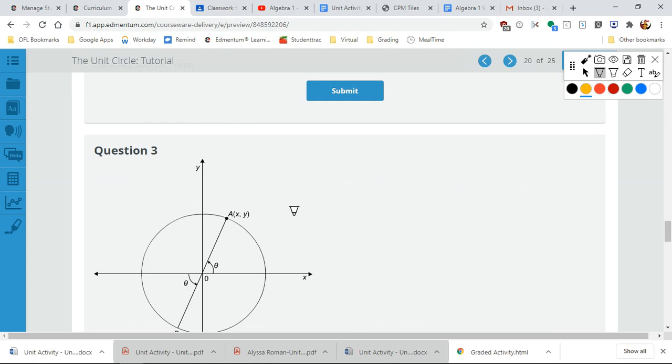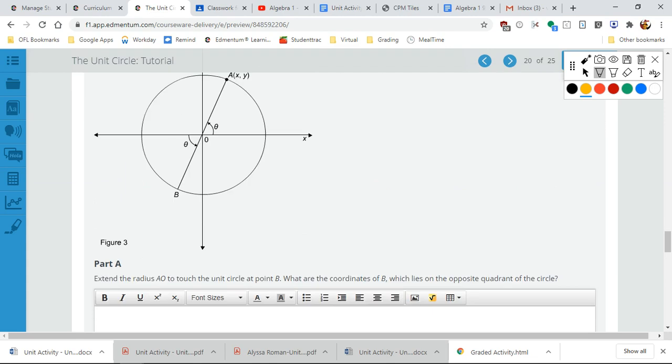So if we think of it this way, it's asking, what is this? Well, if we think of it logically, this is theta. And if the angles are the same, that means that the opposite and the adjacent have to be congruent because it has the same angle, right?